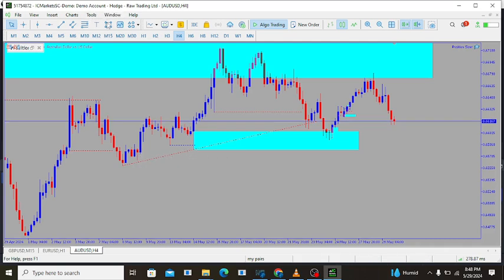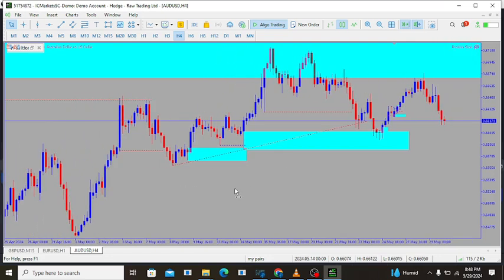The reason why, oh yeah, this one is also valid. This one is no, this one was already mitigated. You see, first of all, I'm building my case, my relative high time frame.